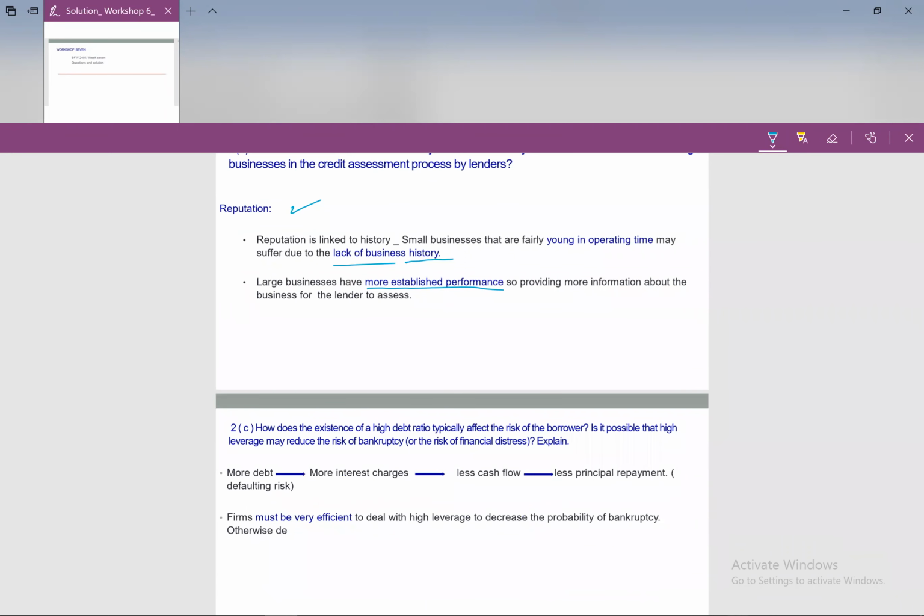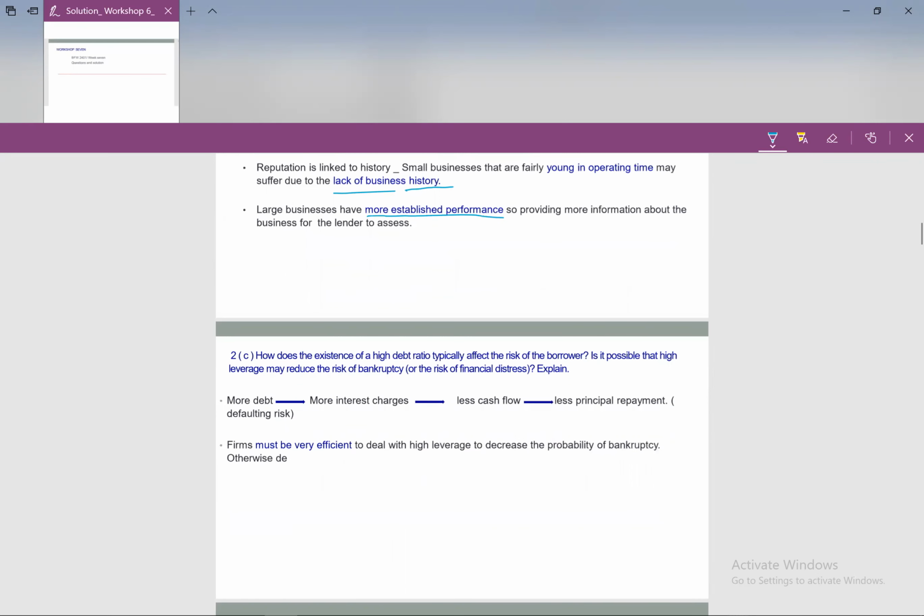Now, how does an existing high debt ratio typically affect a company? When there is a high debt ratio, it could lead to more interest charges, less cash flow, and less principal payments.